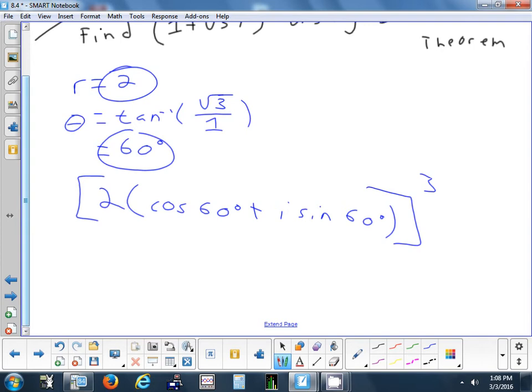Right. So to do that, how am I going to find my radius? Cube 2. So what's 2 cubed? 8. And how am I going to get my new angle? 60 times 3, which is 180.